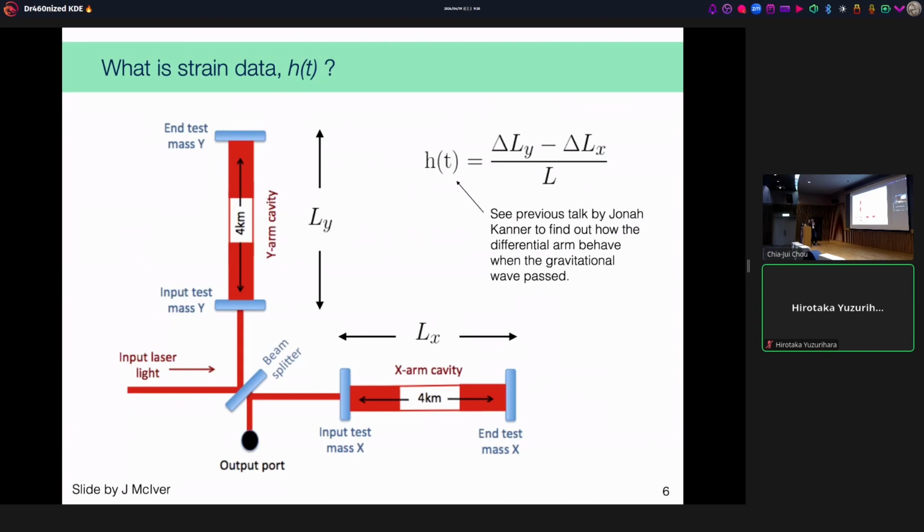The right top equation is the definition of the strain data: h of t is the strain, and the right side is its definition. When a gravitational wave arrives at the telescope, as Jonathan explained yesterday, the X arm and Y arm shrink or stretch, and the effect appears on the output port. So we analyze the data. This strain data is available on the GOSC page. During this workshop, we are reading and analyzing data.